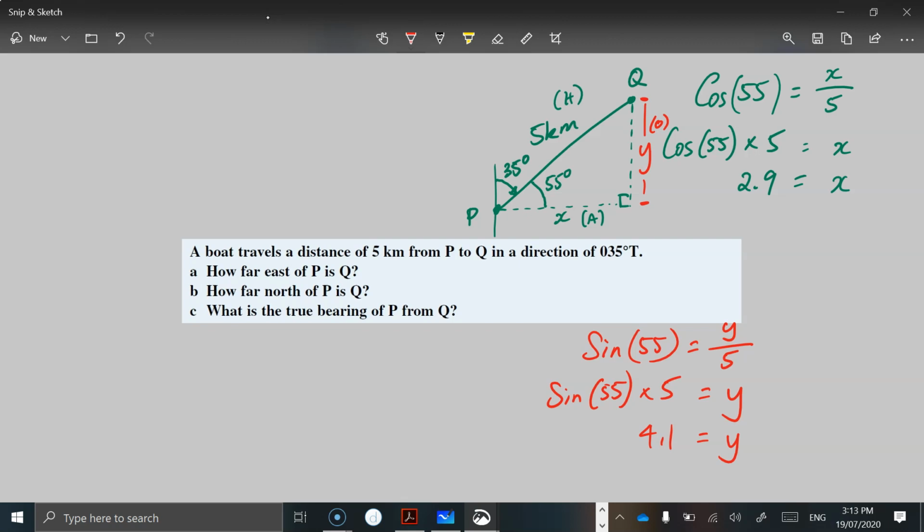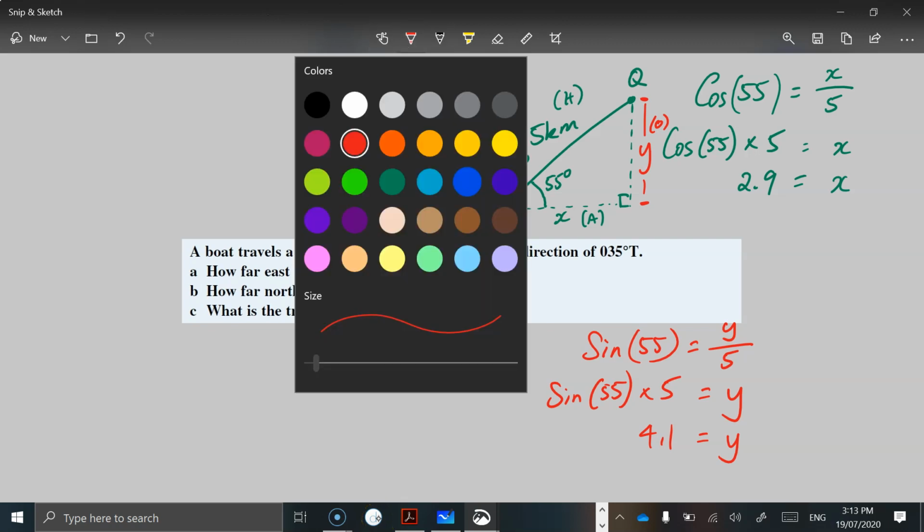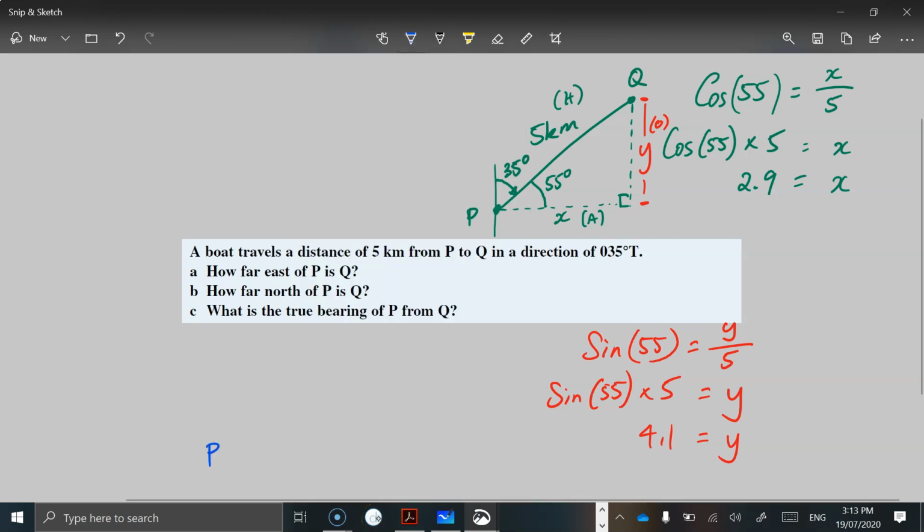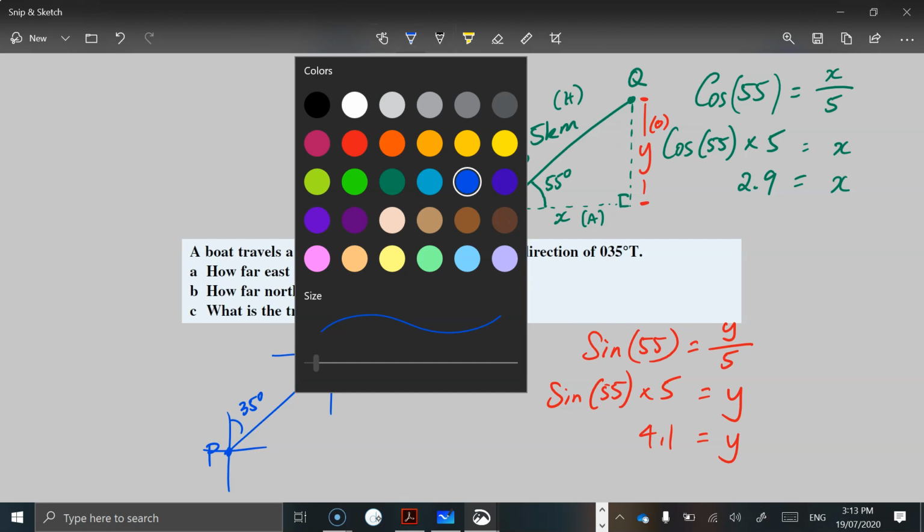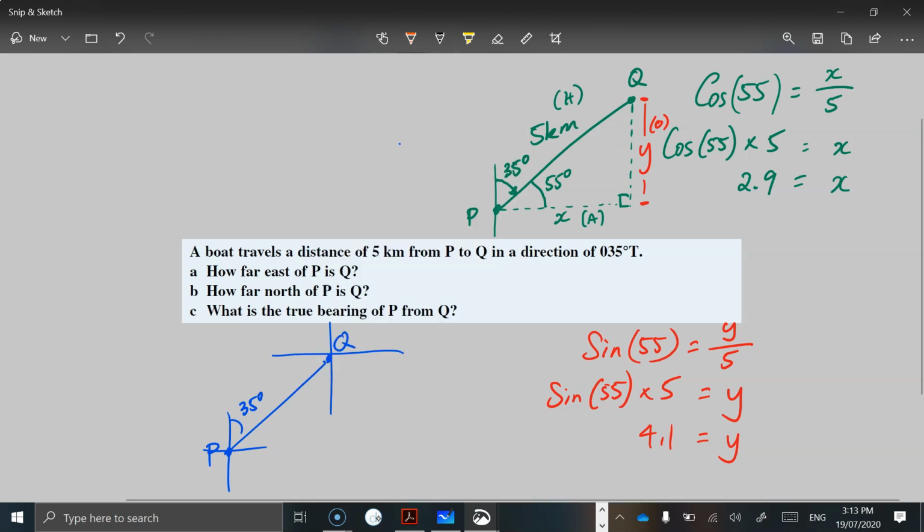Okay, so if P to Q is 35 degrees, we're wanting to know what the bearing is of that angle there.